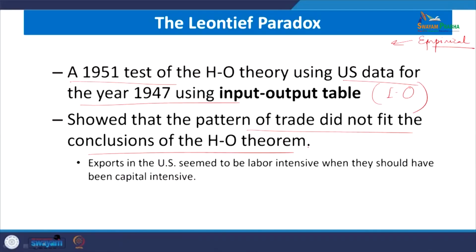But in Leontief's calculation using the US data of 1947, the result came in 1951. They observed that exports in the US seem to be more labor intensive. So, the US actually exports more labor intensive products, but they should have been capital intensive, which contrasts with the HO theorem.